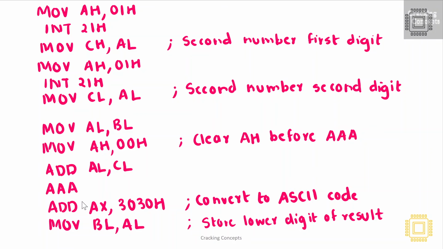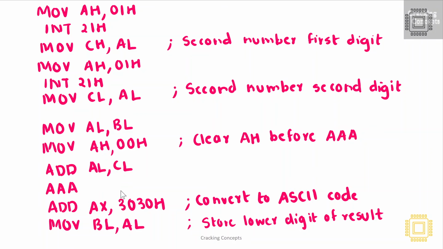After this ASCII adjust, the result should be in a format that is understandable by the user. So to convert it into that format, I'll be adding 30 to each byte. Since we'll have the result in AL and if there is any carry in AH, I need both of them in the understandable format.